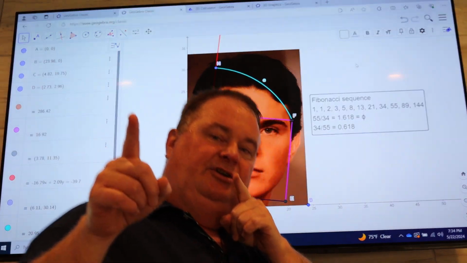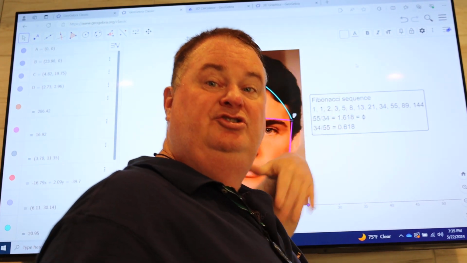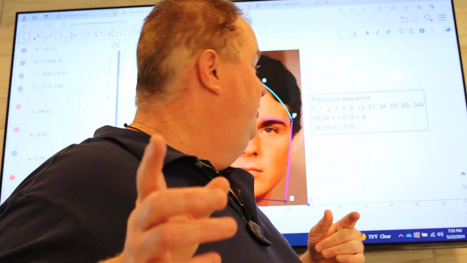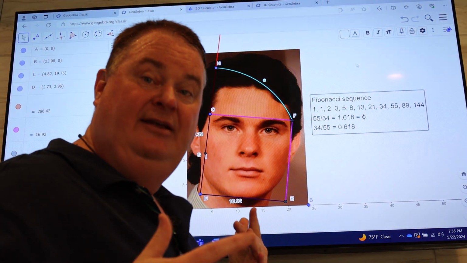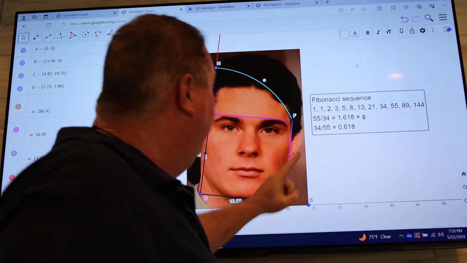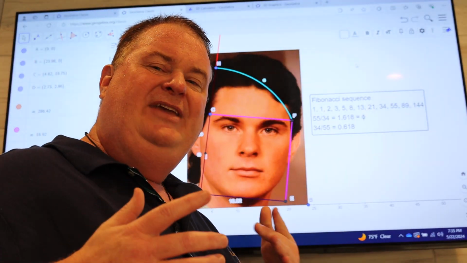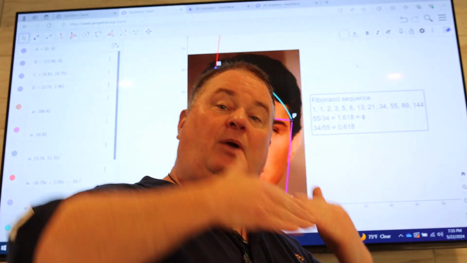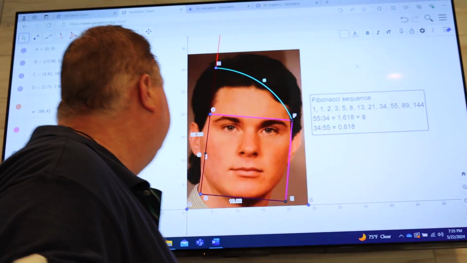What's even crazier is if you take 1.618, so what you should do is square it, you'll find out what it is. So do that and tell me what you get. And then I'll tell you it's 2.618. So when you square phi, when it gets bigger, it's up by 1. When you get smaller, it's down by 1.